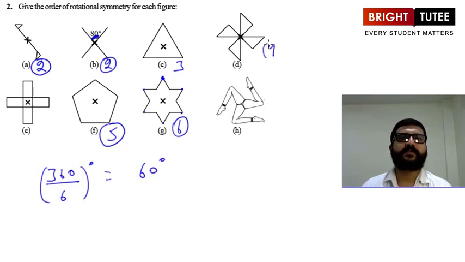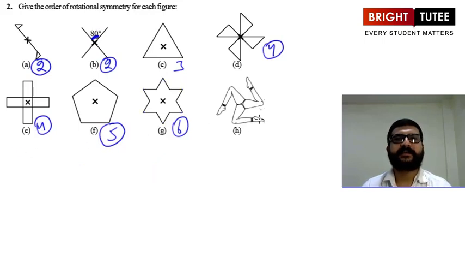For the D one it was 4, and for the E part also it was 4. Now we are left with only the last part of this question. So what do you think for this part? By which angle should we rotate this to get the same figure back? Now here if you count, there are 3 edges, or we can say there are 3 corners here.